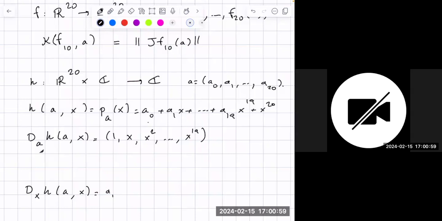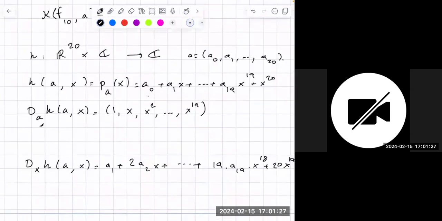It's going to be A1, since A1 times x with respect to x gives you A1. Then there's an A2 x squared, whose derivative is 2A2x, and it goes until A19, which gives 19 times A19 x to the 18. Then there's also x to the 20, which gives me 20 times x to the 19, right? Does it make sense? And I have a quicker way to write this: literally take the derivative of this polynomial and put it at x. This is what it is, right?